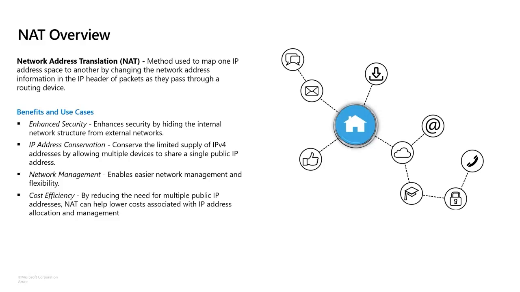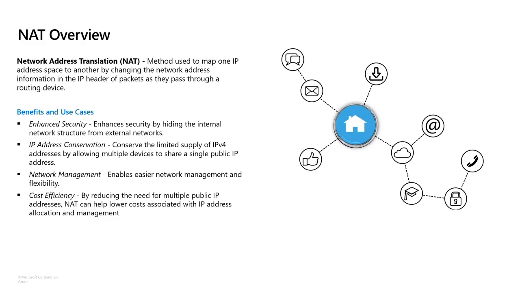So NAT is a method we use to map an IP address space to another by changing the network address information in the IP header of packets as they pass through a routing device. And this routing device could be a router, it could be a firewall.